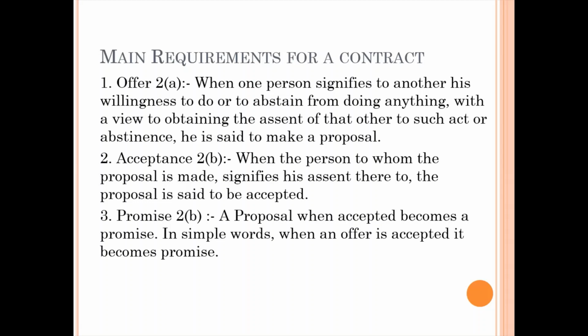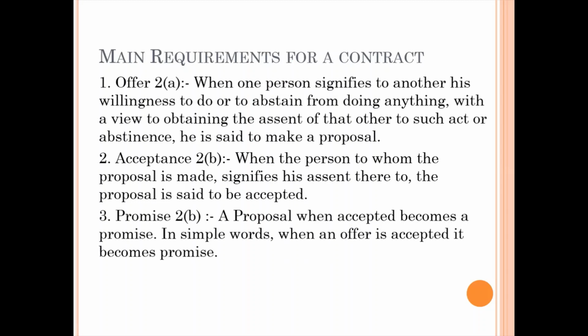The third one is promise. A proposal when accepted becomes a promise. When the second party or other parties accept the proposal, it becomes a promise. In simple words, when an offer is accepted, it becomes a promise. We are very familiar with these three requirements.